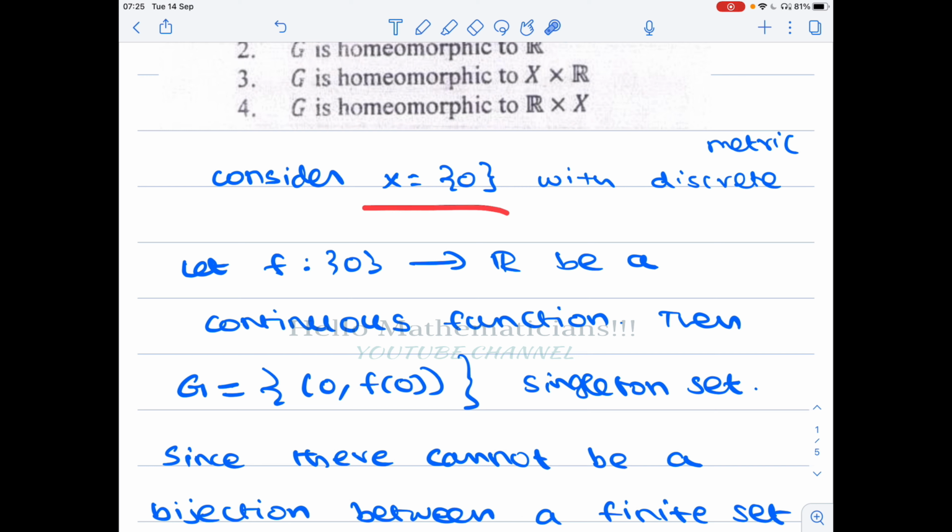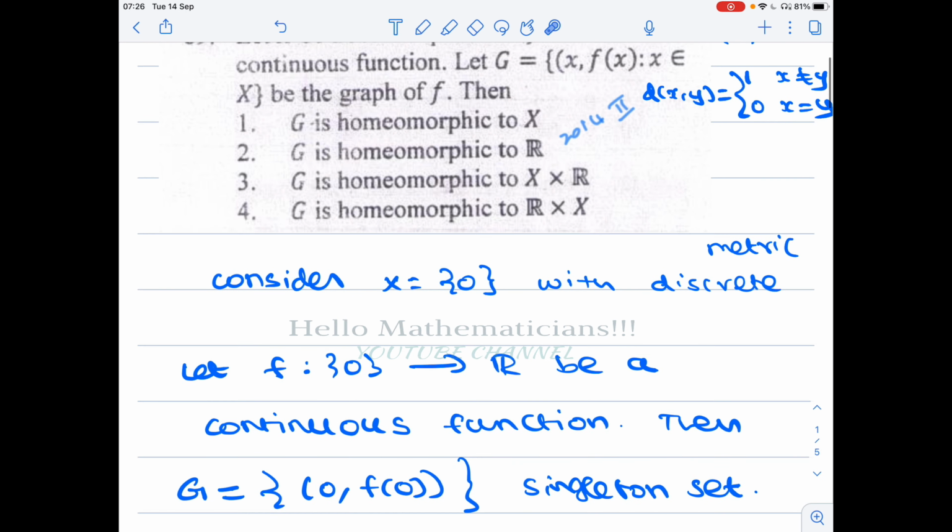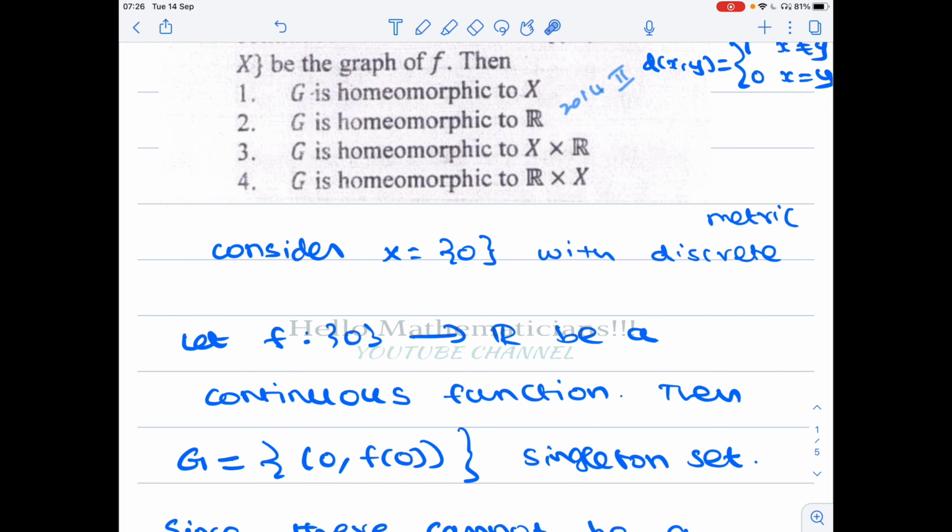So X and G are in bijection. Here X has only one element, so G also has only one element. Therefore, a singleton set cannot be homeomorphic to R, cannot be homeomorphic to X cross R, cannot be homeomorphic to R cross X. That is a particular case of what I said.